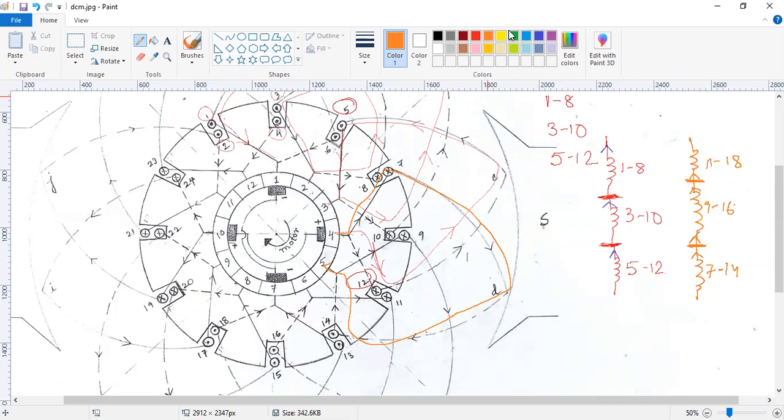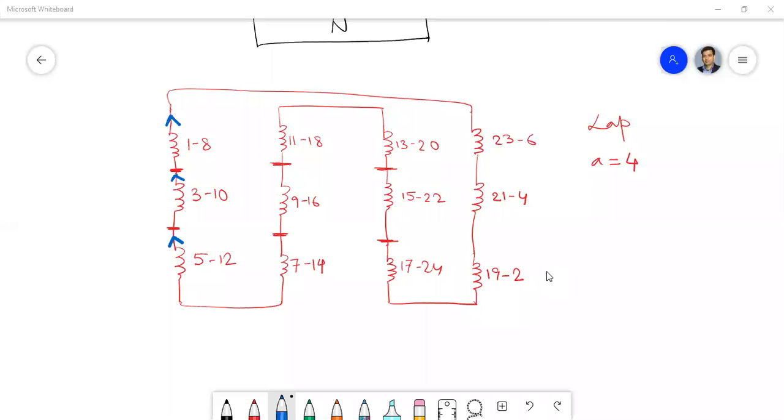Okay, so let us stop it and go back to this whiteboard. That means here also I have to show the current in upward direction. How is it possible? These two are connected in series and both the currents are in upward direction. How is it possible? Can you tell me?